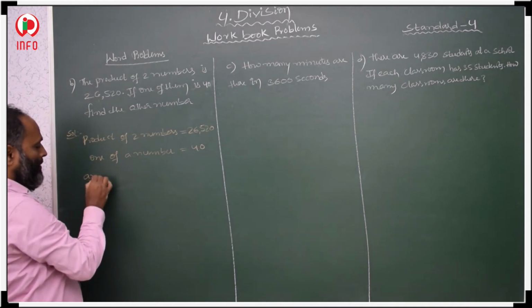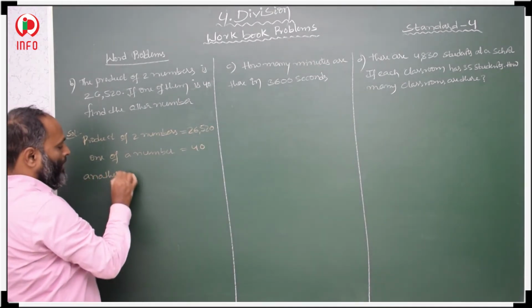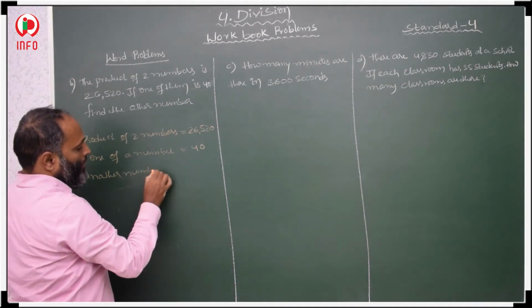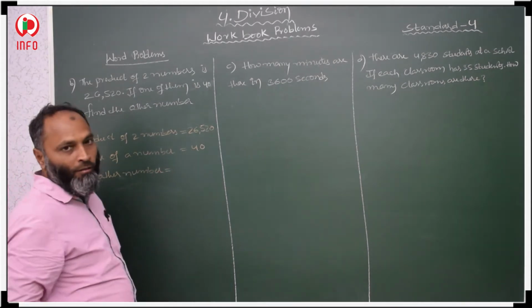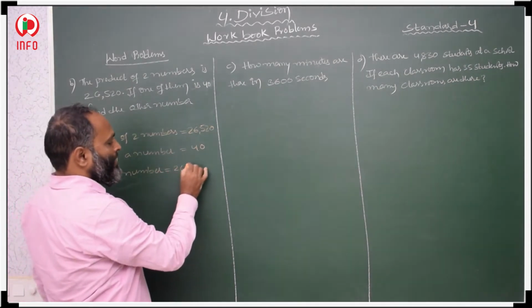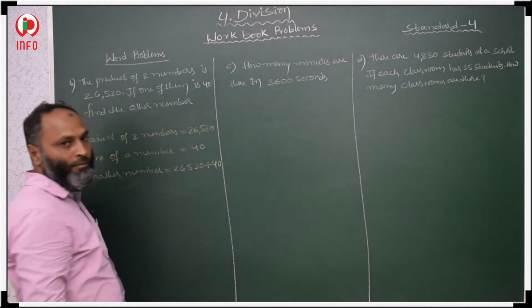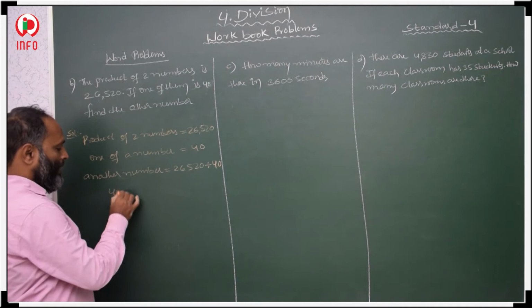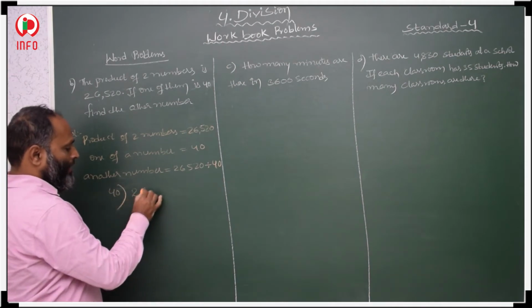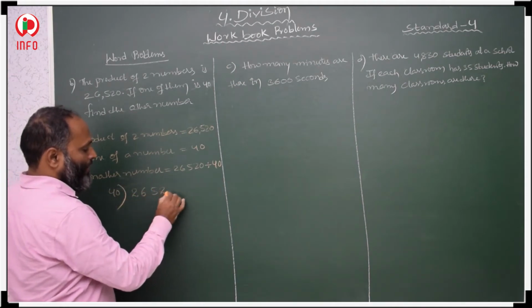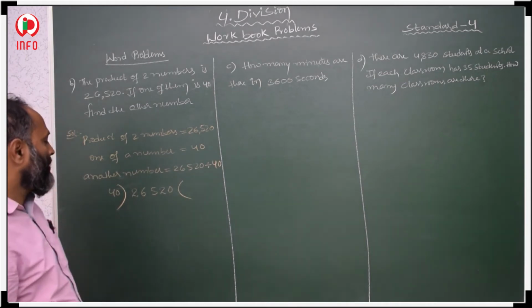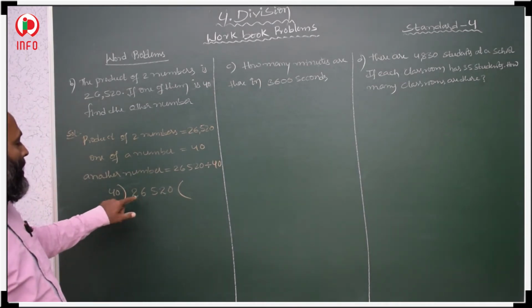To find the other number we have to divide 26,520 by 40. It means 40 divides 26,520.